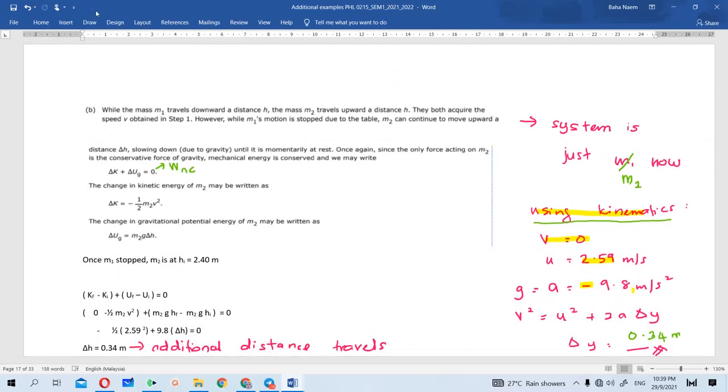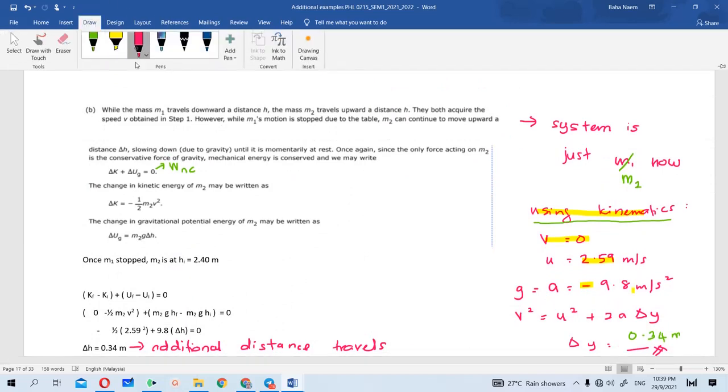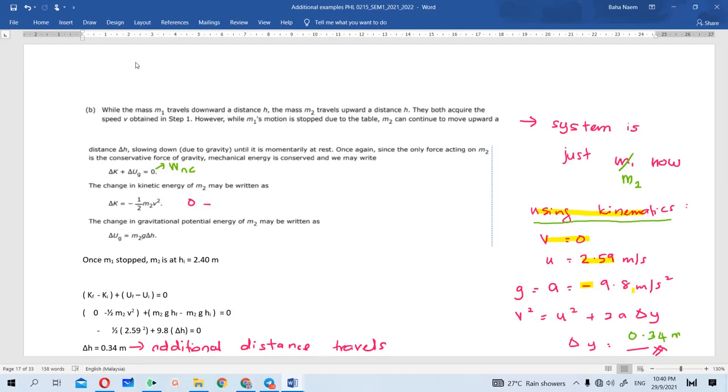Since that is the case, that is the reason why the change of the kinetic energy, final minus initial, is jotted down this way, right? Now, how about the substitution of the V values? Hold on to that. How about the change in the potential energy?